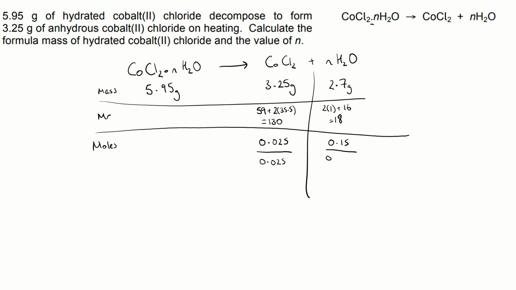So we're going to divide them both by 0.025. That one equals 1, and for the other one, 0.15 divided by 0.025, you get 6. So the value of n equals 6.